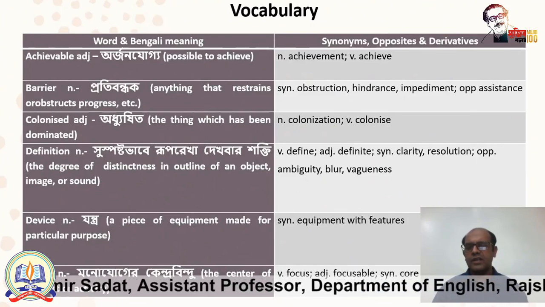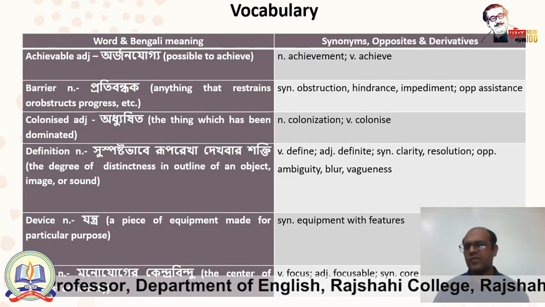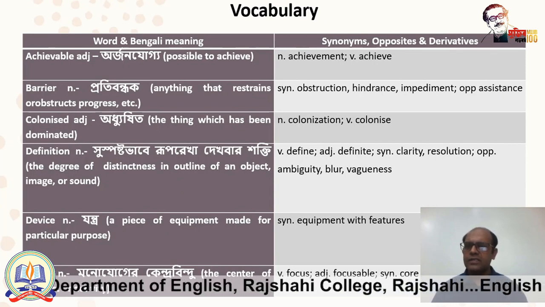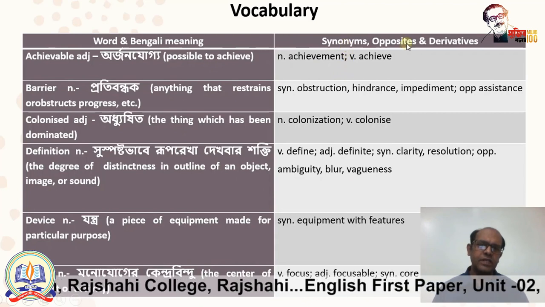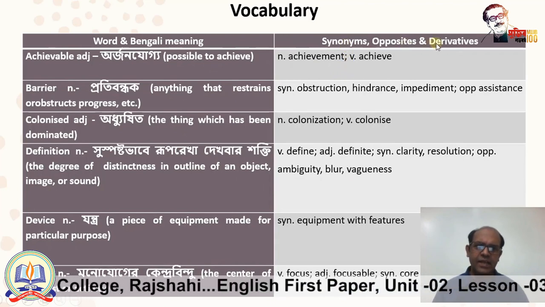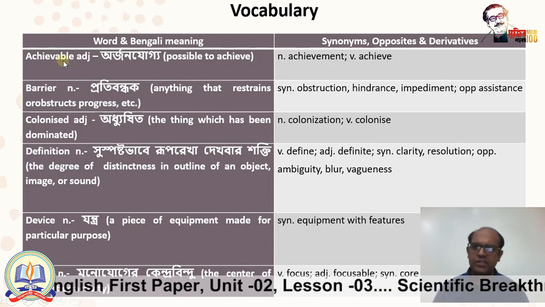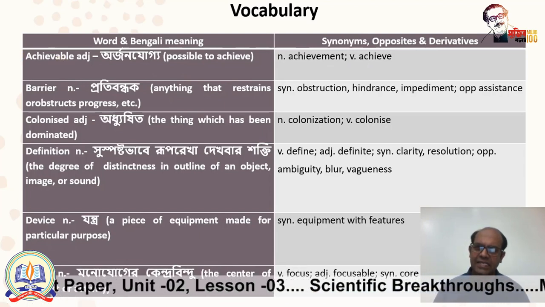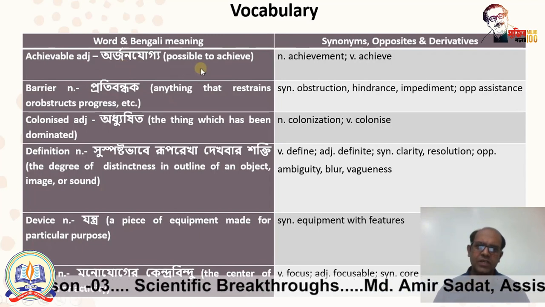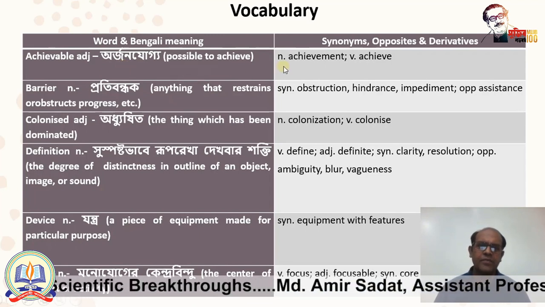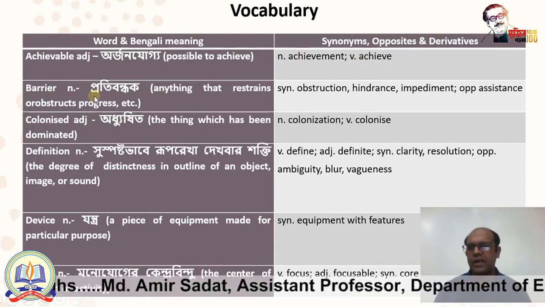Okay, after finishing the test, I have made a vocabulary for you. Here is the word and Bengali meaning, and here are synonyms, opposites, and derivatives. Okay, achievable is the first word. Achievable is an adjective, and its meaning is orjonjogyo, possible to achieve, and its noun is achievement and verb is achieve.